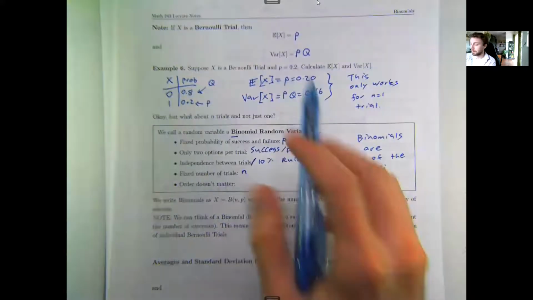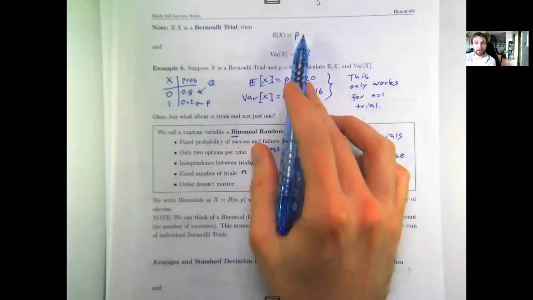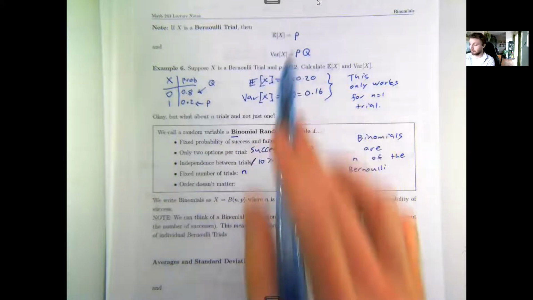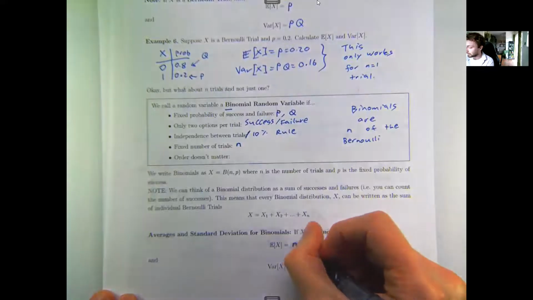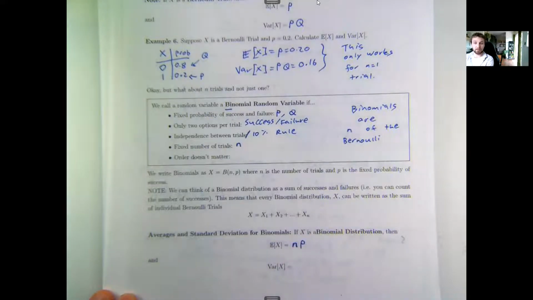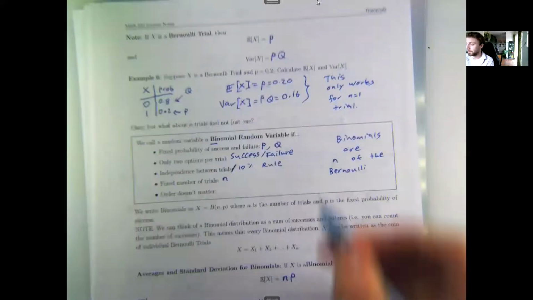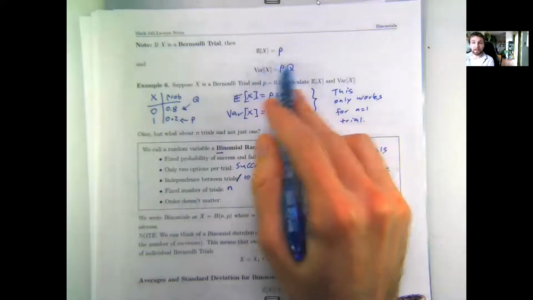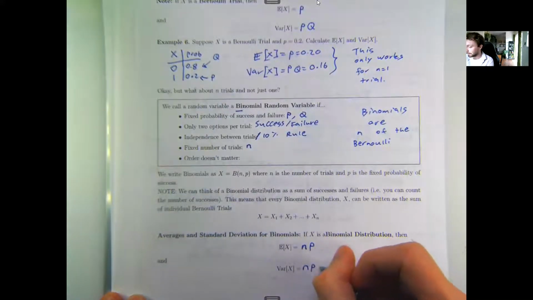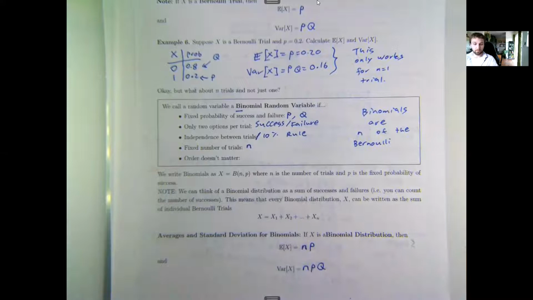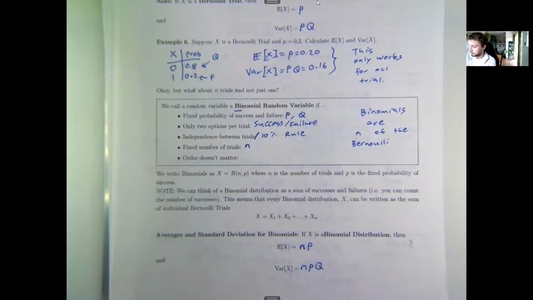If each of these coin flips or dice rolls has an expected value of P, then if I'm looking at n of them, I expect an expected value of n times P. If the variance for a single one is PQ and I have n of these PQs, the variance is going to be NPQ. This looks pretty trivial, but let me show what this is really doing, because this is a small formula, but there's a lot going on behind the scenes.